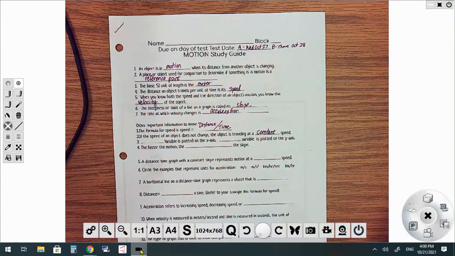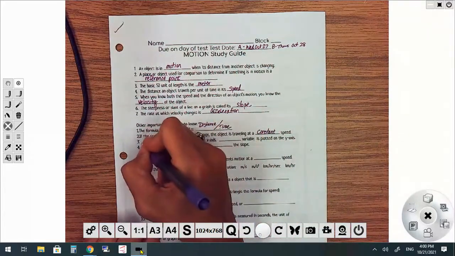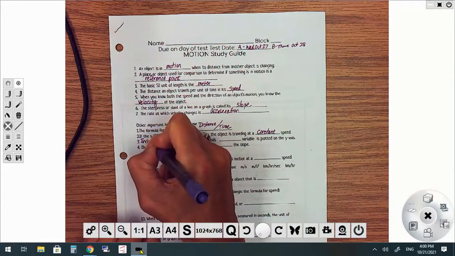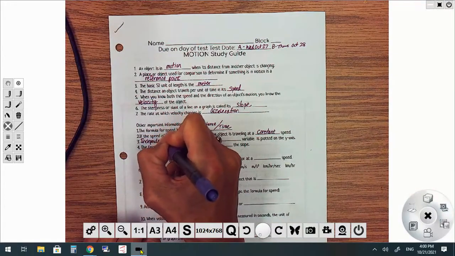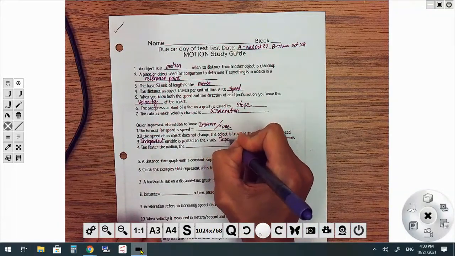And the other variable is plotted on the y-axis. So your independent variable is your x-axis, and your dependent variable will be on the y-axis.